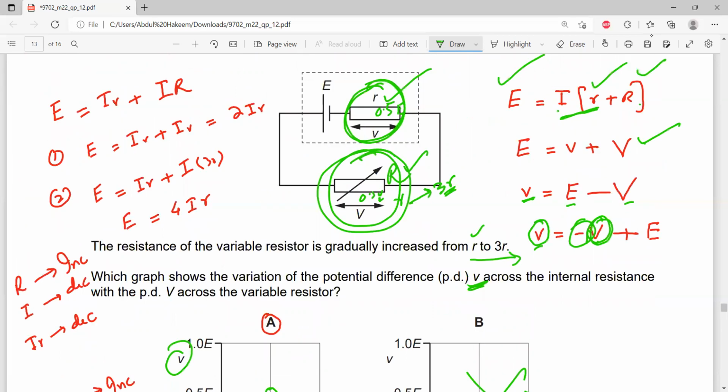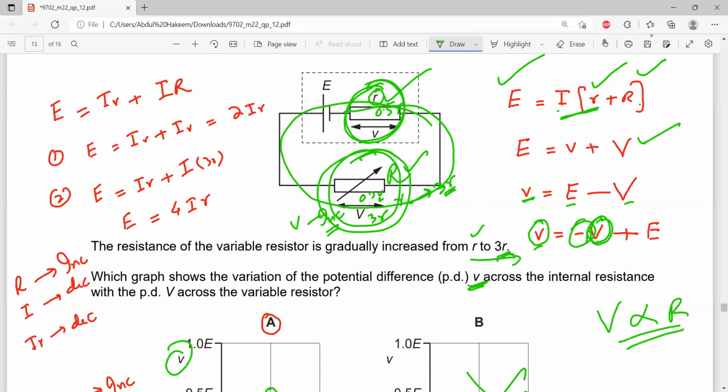Next, we have to increase the resistance from R to 3R. So this is a fixed resistor, and this is now 3R. Both resistors are connected in series. In series, the potential is directly proportional to resistance; this is the potential divider formula. So definitely this capital V increases due to the large resistance, 3R.